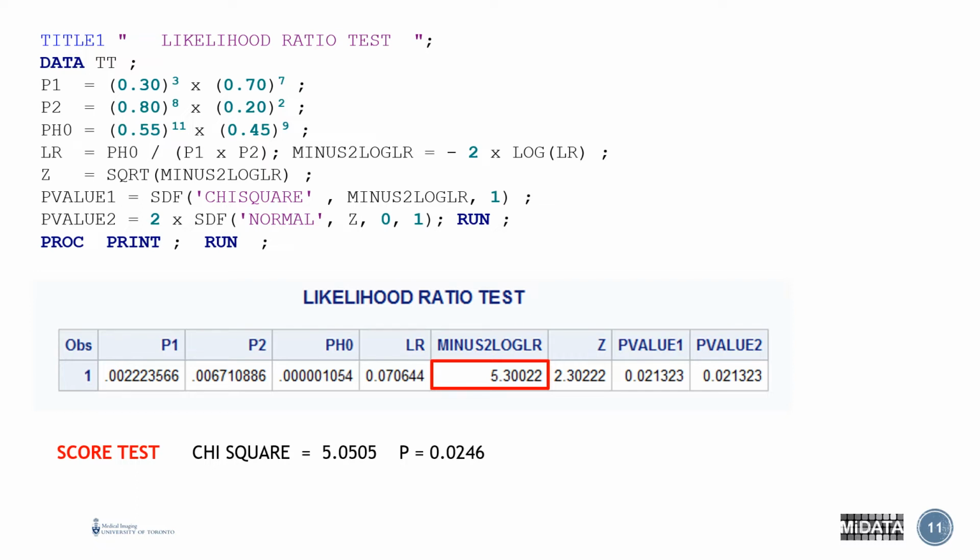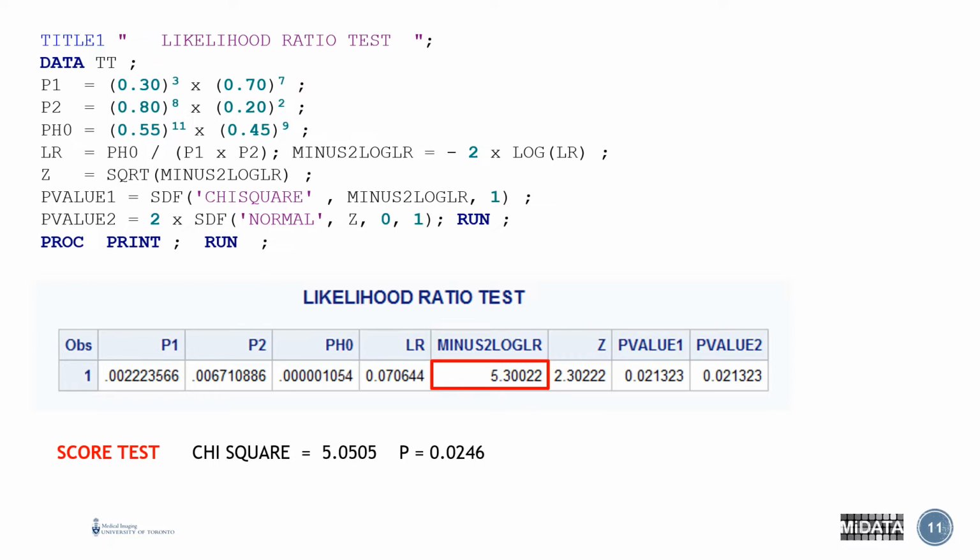Now, I'll point out that the p-value was derived looking at a chi-square distribution when we use the negative 2 log likelihood ratio, and we used the normal or the Gaussian distribution for when we use the Z statistic.